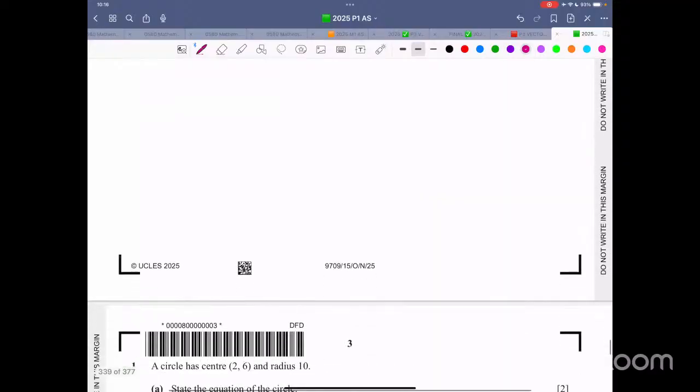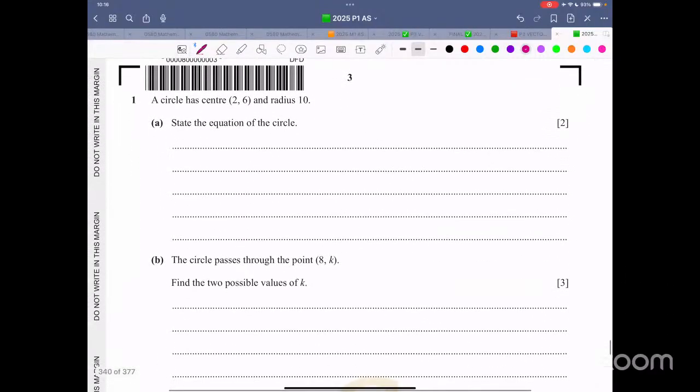So now let's look at the first question. It says a circle has center (2, 6) and the radius is 10. State the equation of the circle. It's a usual traditional question, nothing special.